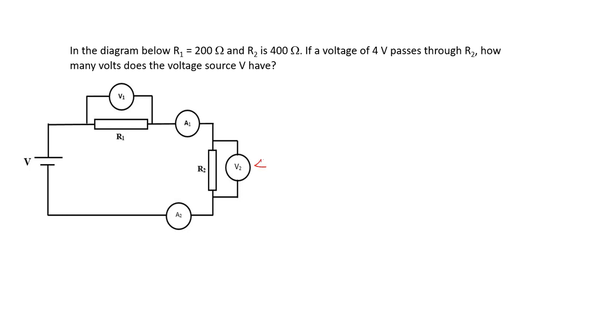So this one has a voltage of 4V. But we know that this is 400 ohm in terms of resistance, and this one is 200 ohm in terms of resistance.